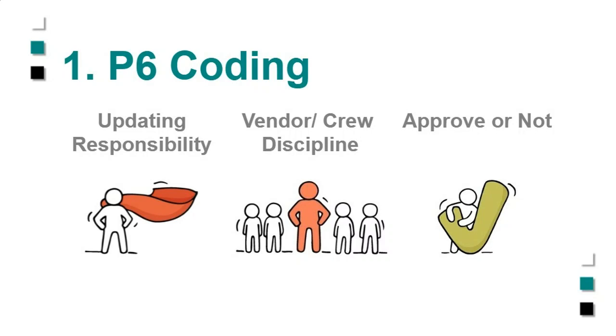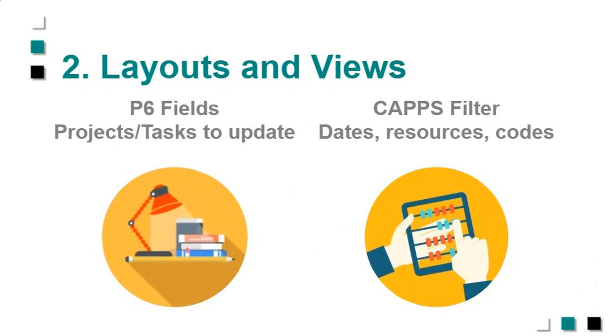They can do the updates, and you can review or approve them in the tool or within P6. And then, as I mentioned a moment ago, we're really looking at layouts to give you the data. You can look at them, update, and approve them, and when you're happy with the updates you've received, you run the utility, our P6 calculator infrastructure, which sets all the values in P6, and off you go.